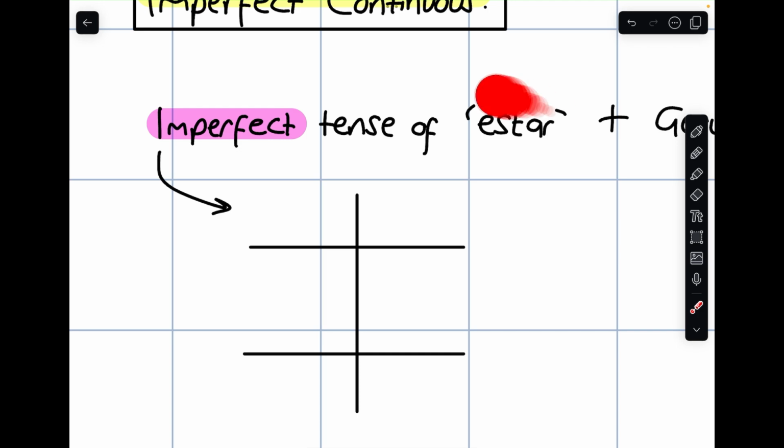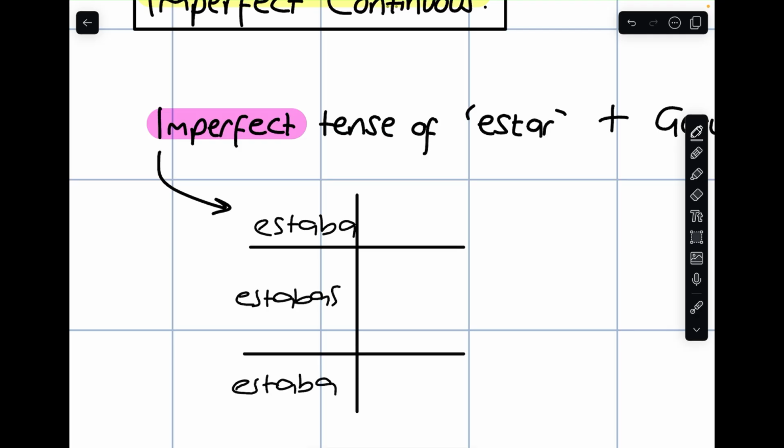The imperfect tense of estar looks like this. Estaba, estabas, estaba, estábamos, estabais, estaban.